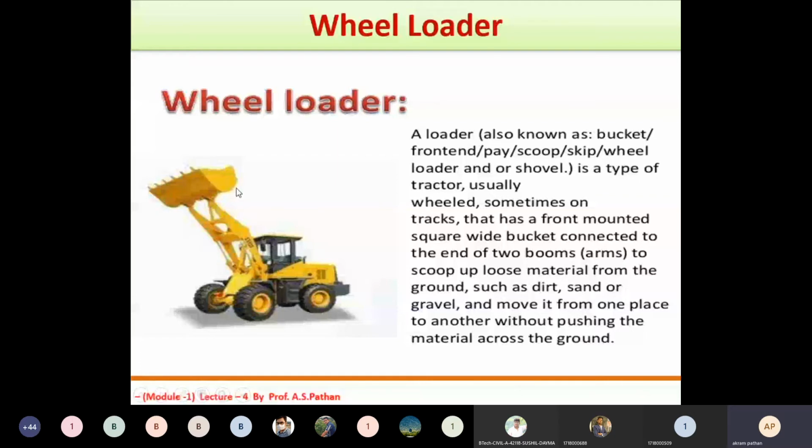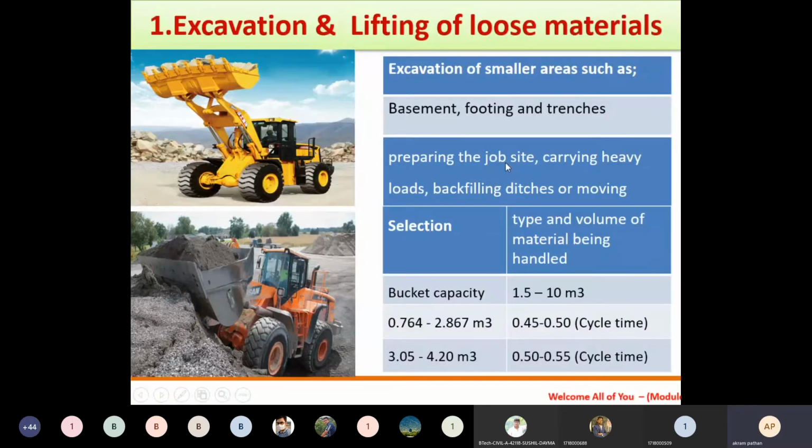The capacity of the bucket depends upon the net quantity we have to excavate at the actual construction site. You can change this type of bucket; it is available in various sizes. In the next slide, you can see excavation and lifting of loose material. For example, excavation of smaller areas such as basements, footings and trenches.